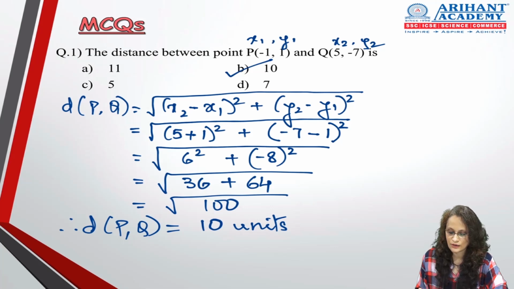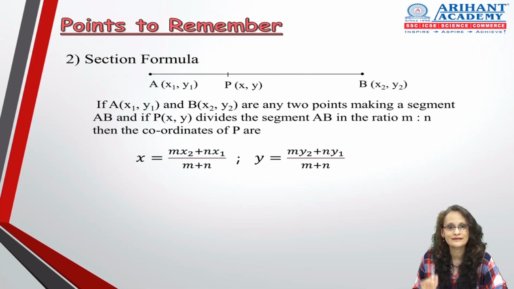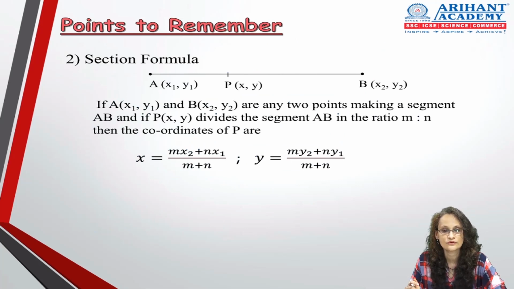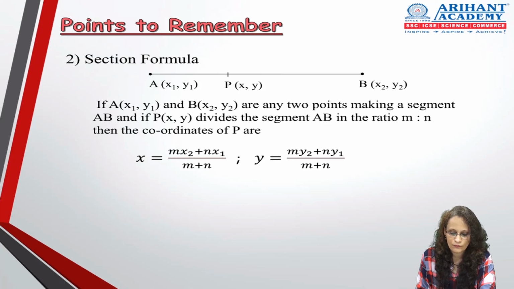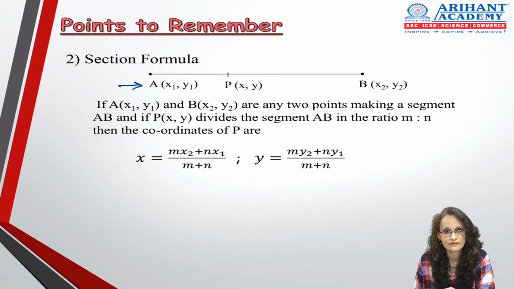Alright? So now we need to move ahead to the next formula, which you can see on your screen is the section formula. Now what is the section formula? Again look at the diagram. You can see there is a point A which has coordinates x1, y1, and there is a point B with coordinates x2, y2.